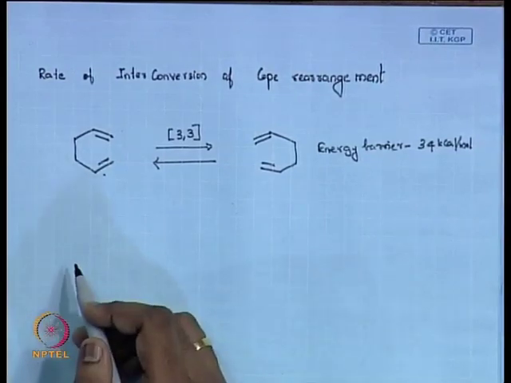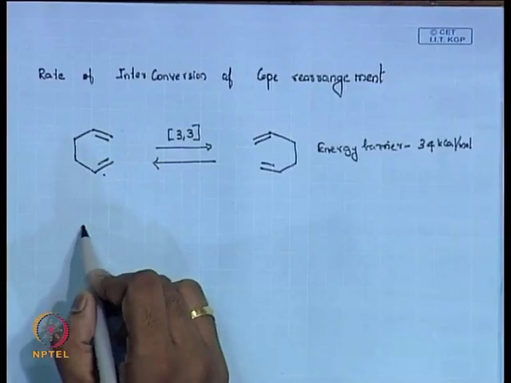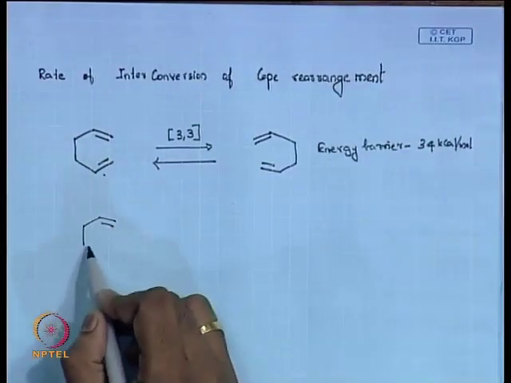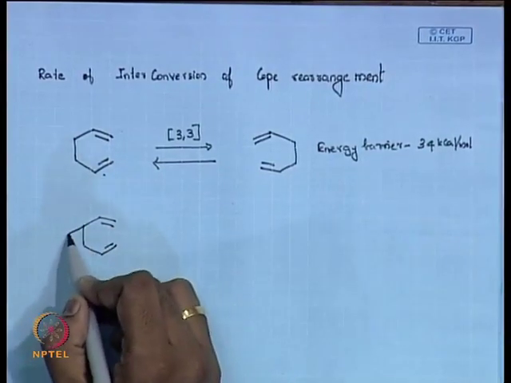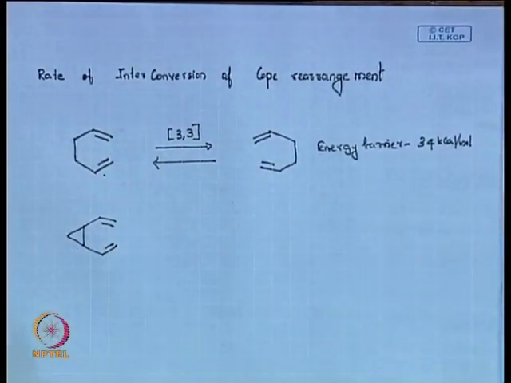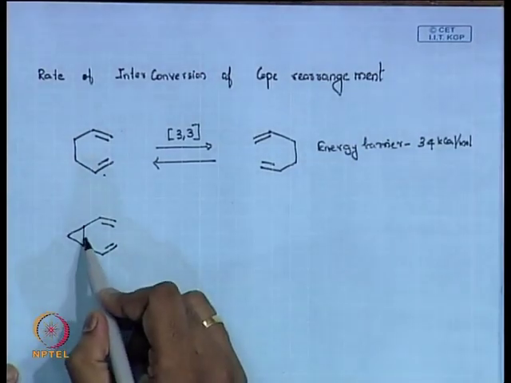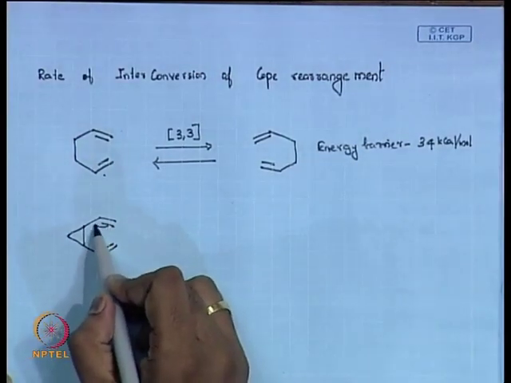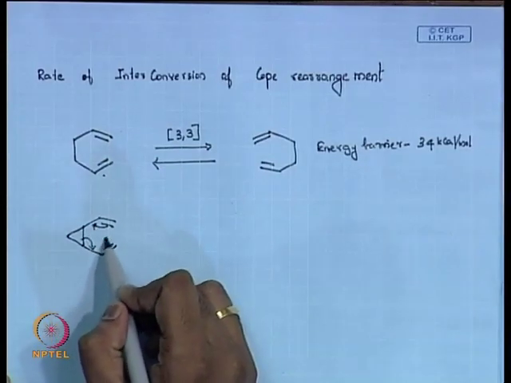Yeah, another. See, there is one way of doing it. You take the same system and just have a strained ring on the surface. Just keep your cyclopropane very strained, because then this bond will break fast, since it is under strain.